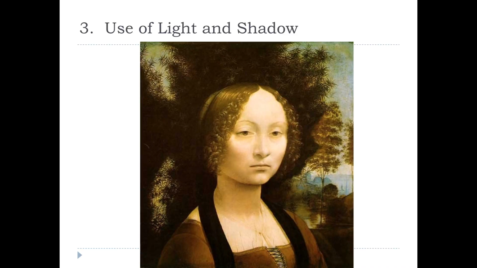Number three is the use of light and shadow. Chiaroscuro is basically the use of light and shadow to show the direction of light.